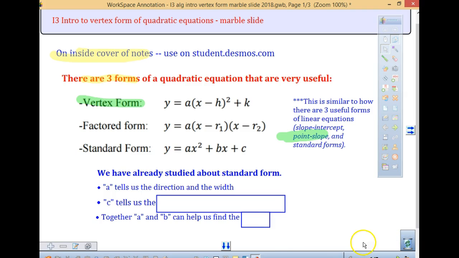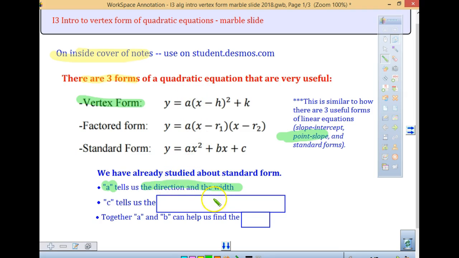So it's going to tell us the direction. So if you'd please highlight on this one, the a tells us the direction and width. That's in both the factored form, standard form. That's always what our a tells us, okay? So the a is always going to tell us if it goes up or down, and the width.